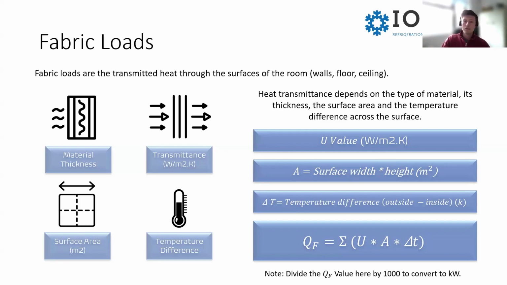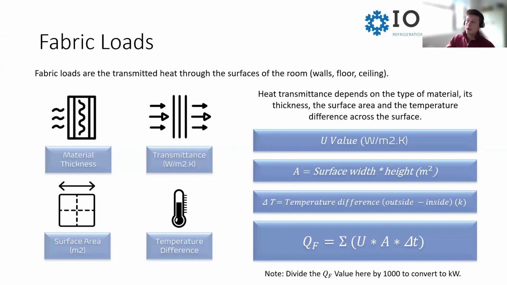For a chiller room, normally 1 degree Celsius. For a freezer room, minus 21 is typically an industry standard. Our temperature difference will be that outside condition minus our inside condition. So 25 degrees in a warehouse, 1 degree inside the room, 25 minus 1, we have a 24K delta T across that surface.